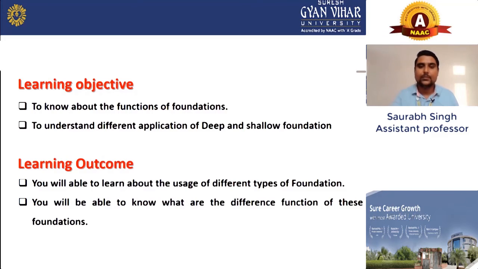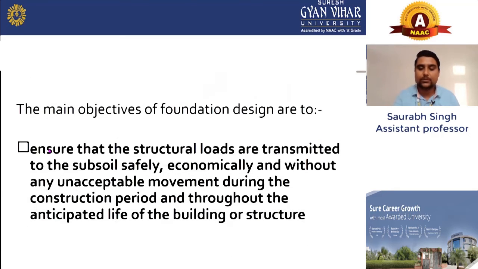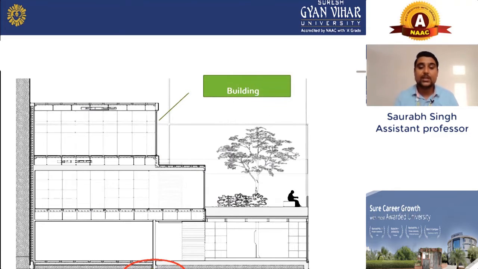As you can see here, this is a side view of a building, and this is called the superstructure. What is the superstructure? The part which is above the ground will be called the superstructure of a building, and below it, in the ground, if you see from the GL, meaning ground level, in the downward direction, it will be your substructure, and foundation is also part of your substructure.